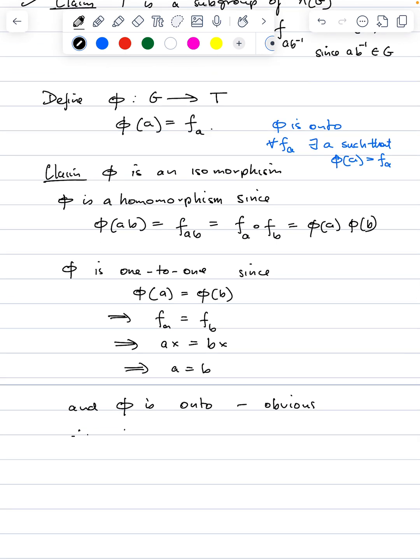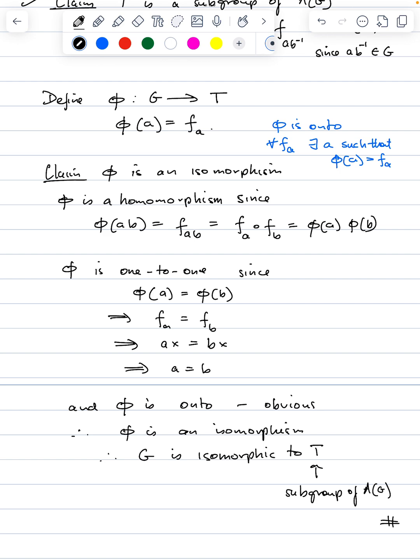Therefore, phi is an isomorphism, and we can conclude that G is isomorphic to T, and that's a subgroup of A(G). And this completes the proof.